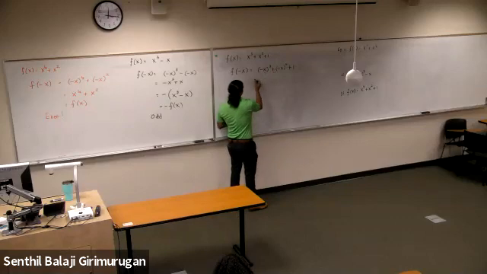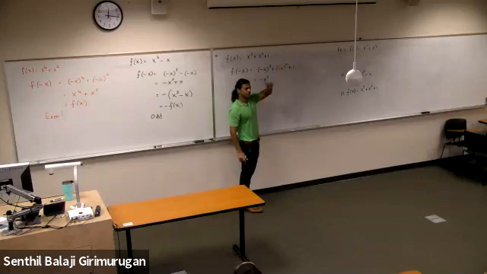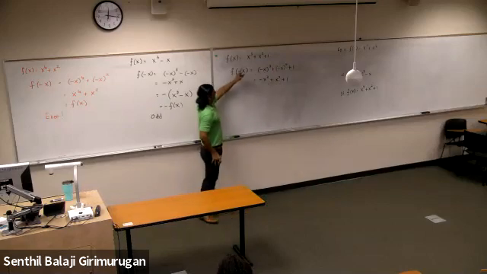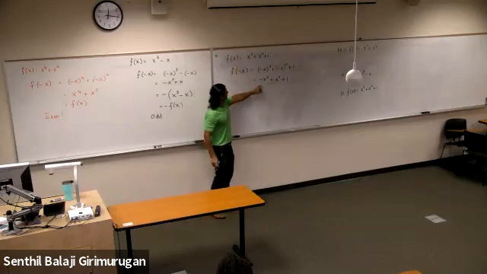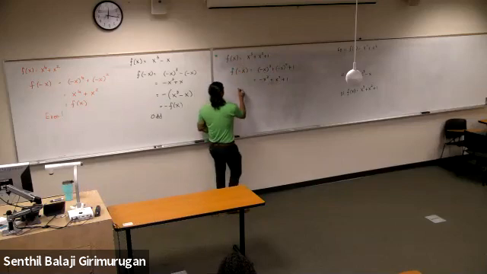Negative x cubed would mean I pull the negative out, x cubed. Negative and the square would go away. I'll have x squared plus 1. Just by looking at it, this doesn't look anything like that. So we know that the function is not even already.